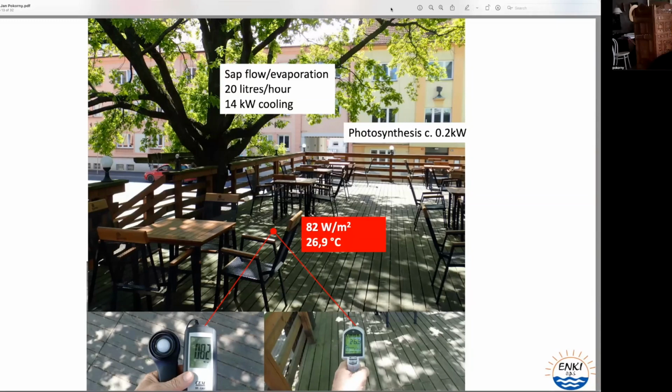What we are also able to do is to measure sap flow, how much water goes through the trunk, how much water the tree evaporates right now. Please believe me that it was 20 liters per hour. So we multiply 20 liters by the latent heat of 1 liter, which was 0.7. So the tree consumes 14 kilowatts for cooling. It is the amount of energy which is hidden, which is latent, which disappears in water vapor. Photosynthesis takes just 0.2 kilowatt. So there is a huge process of cooling.